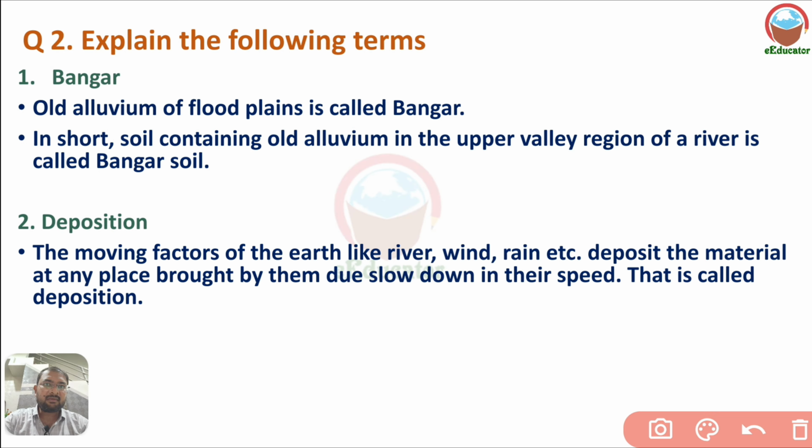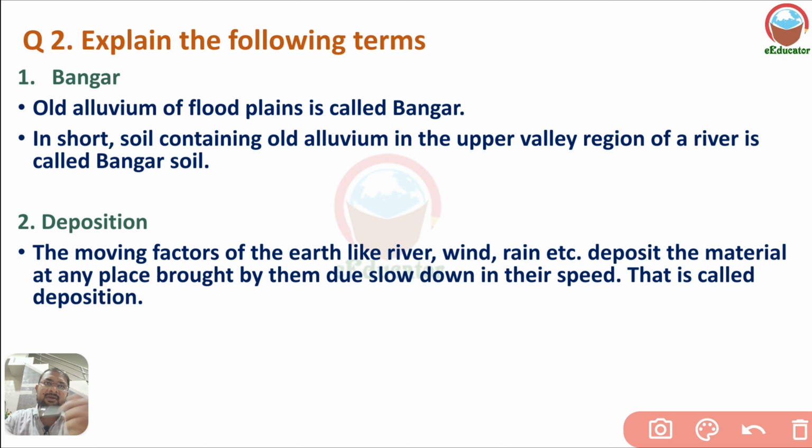Deposition. Moving factors of the earth like river, wind, rain deposit the materials at the place where they slow down. Rivers, wind and rain bring soil particles and many pebbles with them.